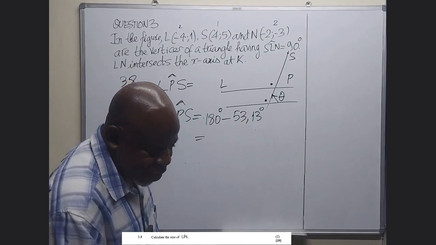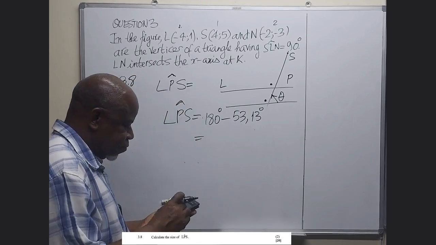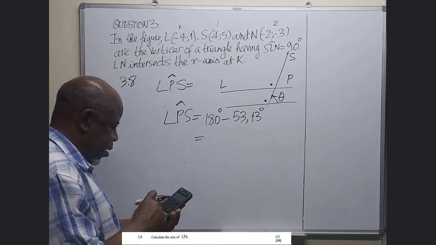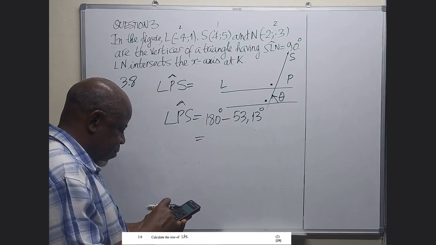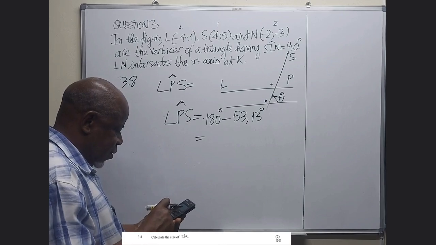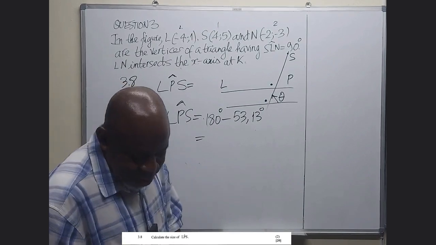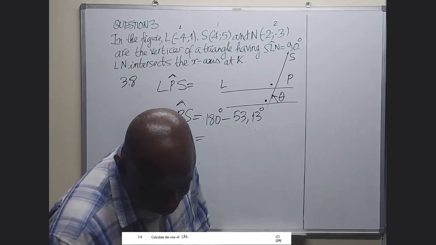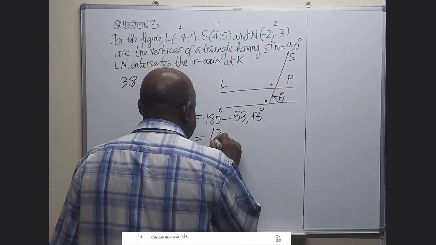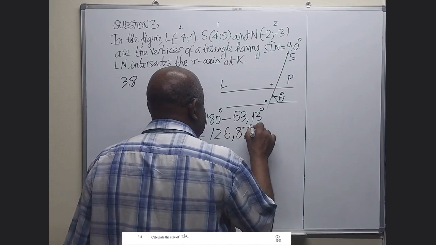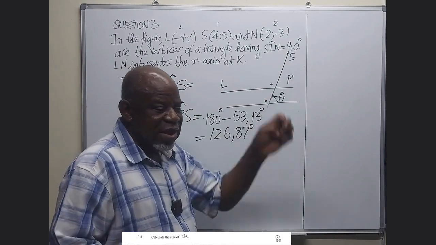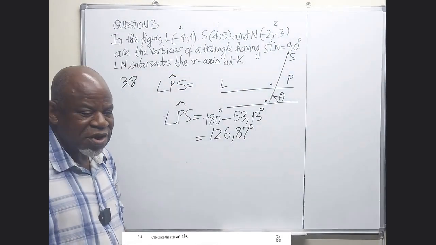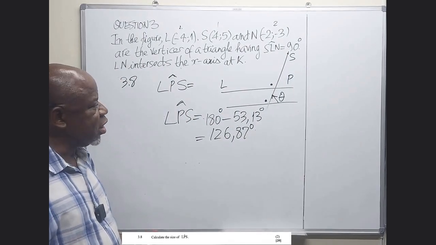Let's use our calculator. 180 minus 53.13, we are getting 126.87 degrees. This is the value of angle LPS when you watch very well on the triangle.